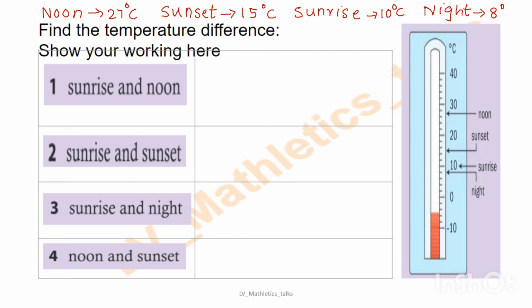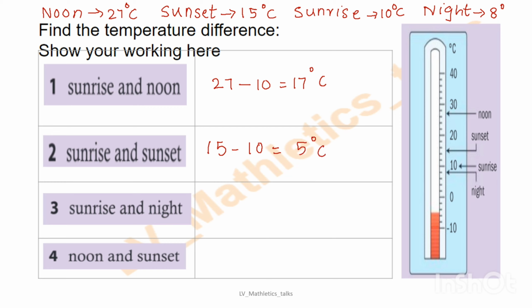First, we'll find the difference between sunrise and noon. It is 27 minus 10, which is 17 degrees Celsius. Similarly, the difference between sunrise and sunset is 15 minus 10, that is 5 degrees Celsius.